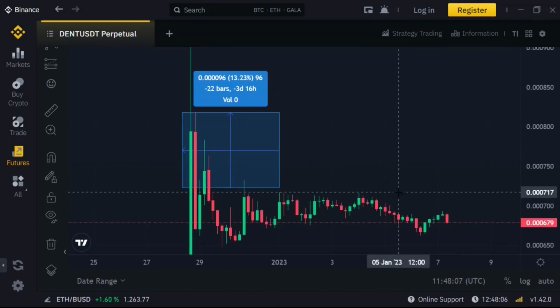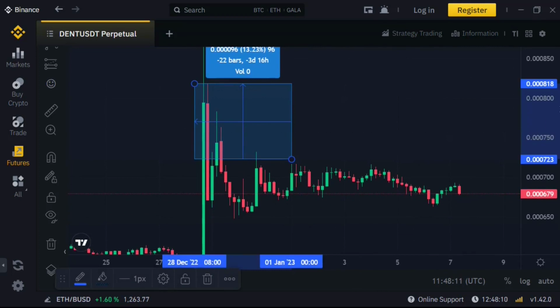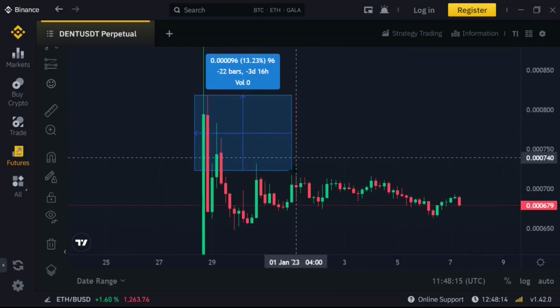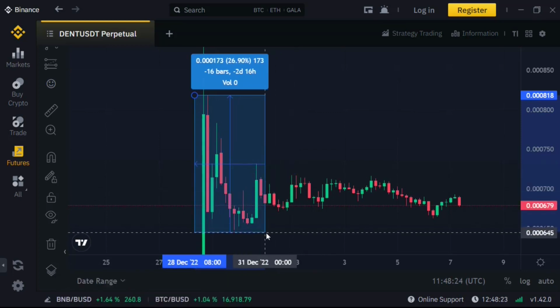So as you can see on the candlestick price chart data, the highest price of this red candlestick bearish trend starter is exactly at 0.000818 cent.